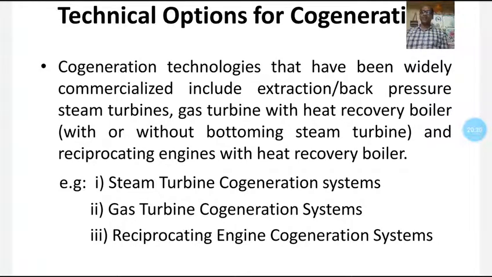The fuel burned in the furnace is converted first of all into thermal energy and then into mechanical energy of steam. The fuel burned in the gas engine or gas turbine is converted into mechanical energy and thermal energy. The mechanical energy drives the generator to produce electricity.